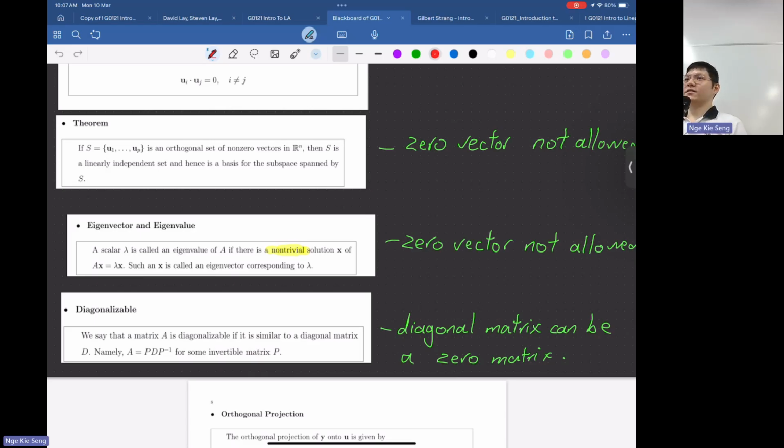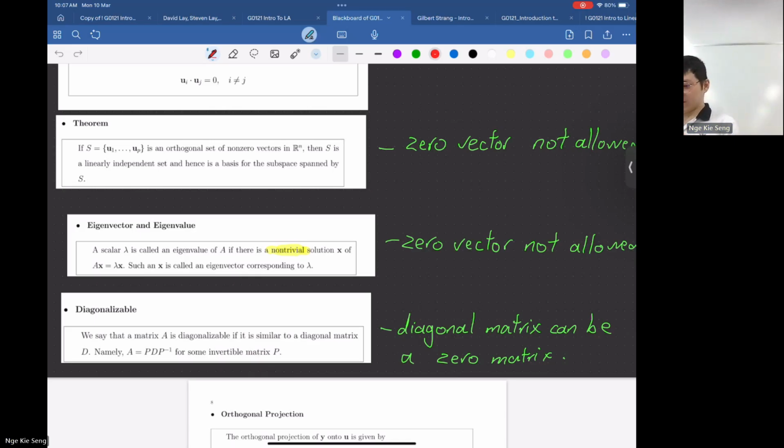If you take the zero matrix minus lambda I, what do you get? You get minus lambda on the diagonal. And then what are the eigenvectors? You can take it as anything basically, but you can take it as the standard basis.